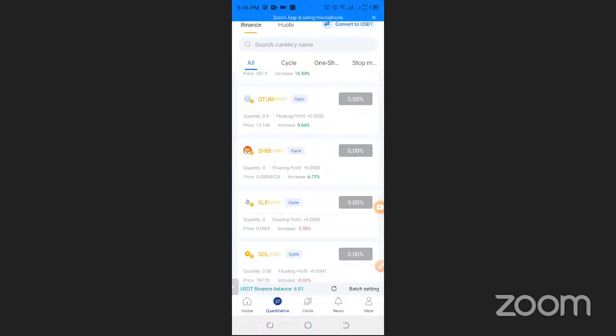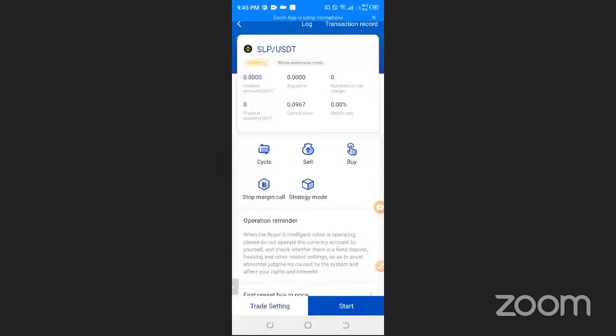But one thing you take note of in manual trading is that at times you can allow it to do a cycle once or twice, but most people prefer putting it on one shot.